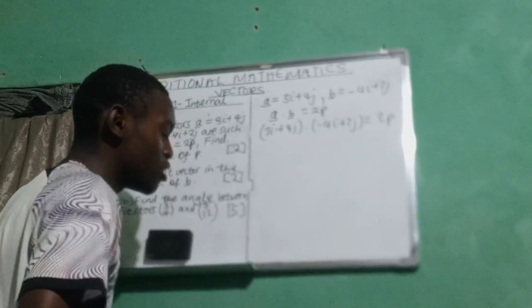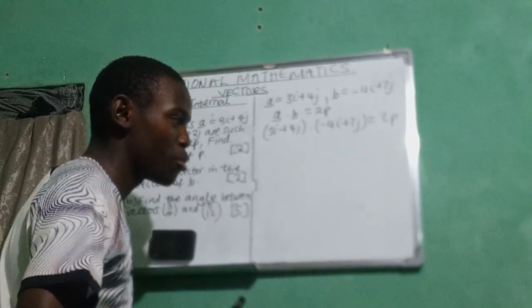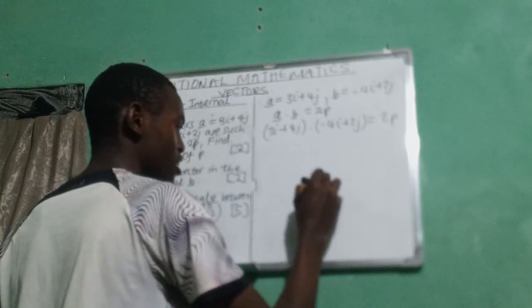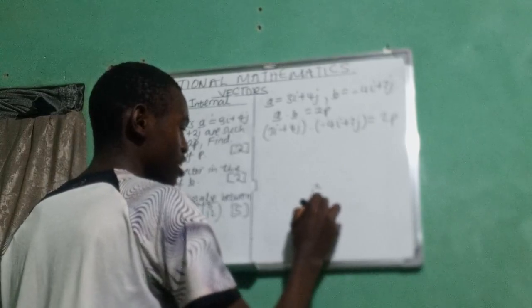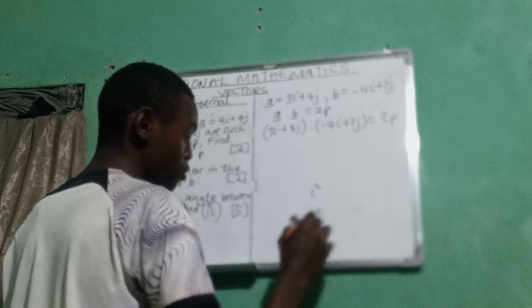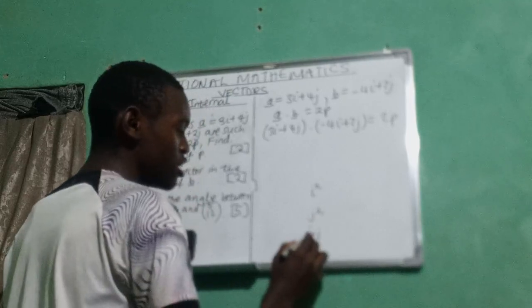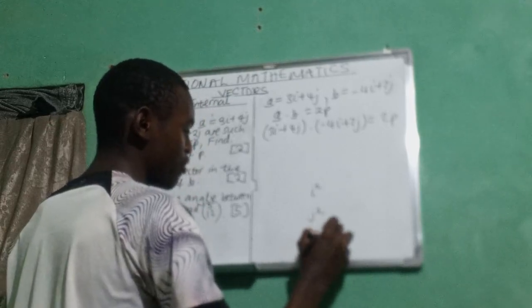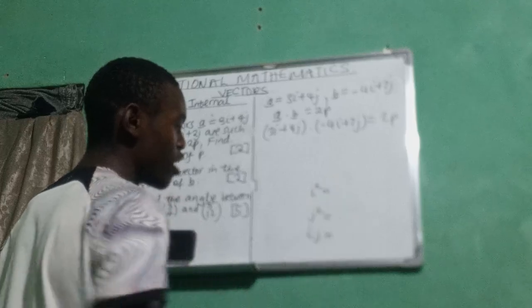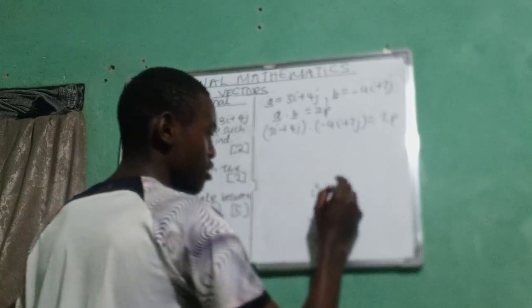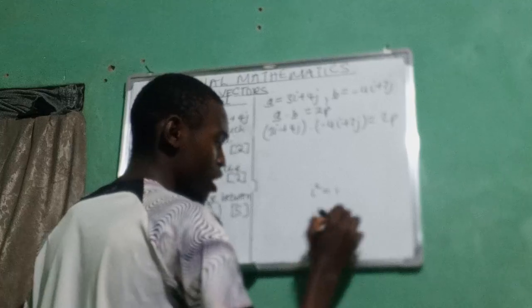Here you need to know some important vector properties: i squared, j squared, and also i dot j. I dot j just simply means i times j. So what am I trying to say? I squared is 1. J squared is 1.